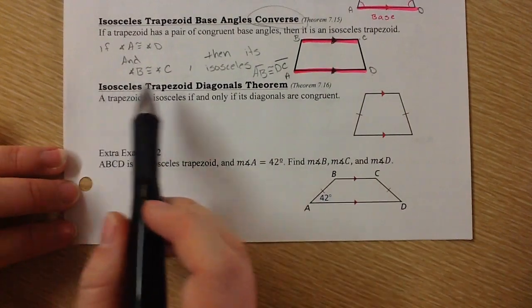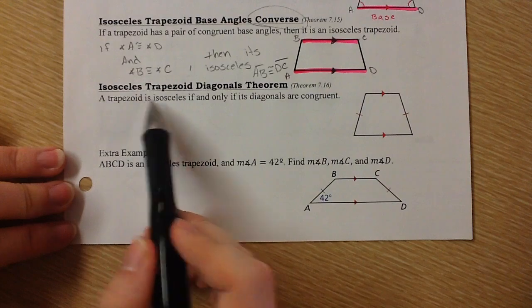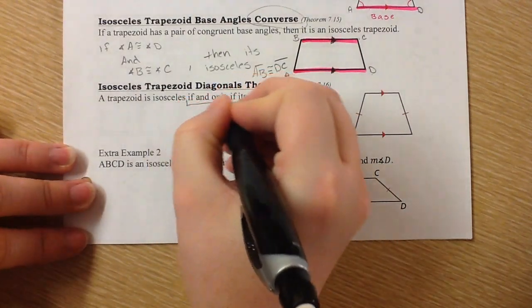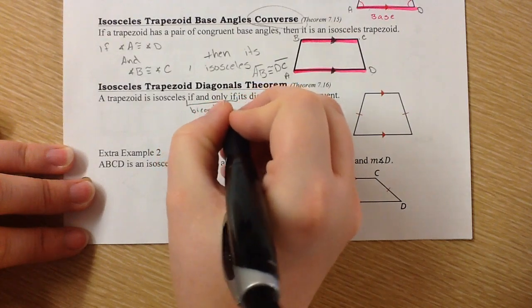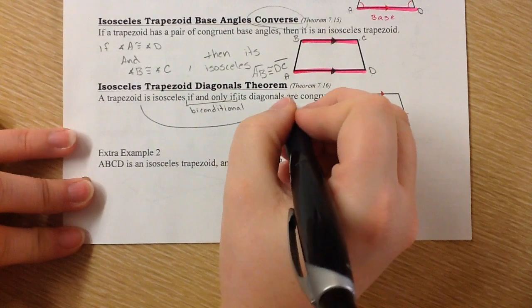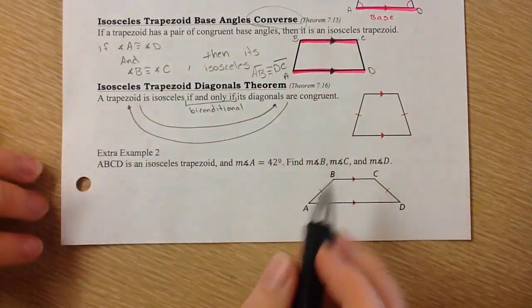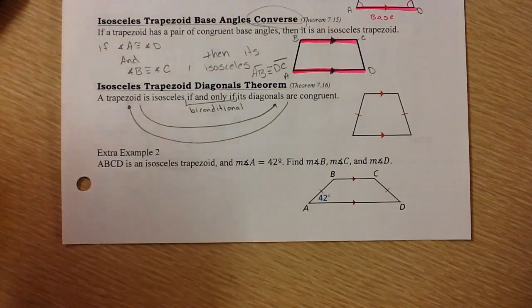Okay, and now we have the isosceles trapezoid diagonals theorem. A trapezoid is isosceles if and only if, which means this is a biconditional, it goes both ways, meaning we could go from here to here, or from here to here. If it is isosceles, then its diagonals are congruent.